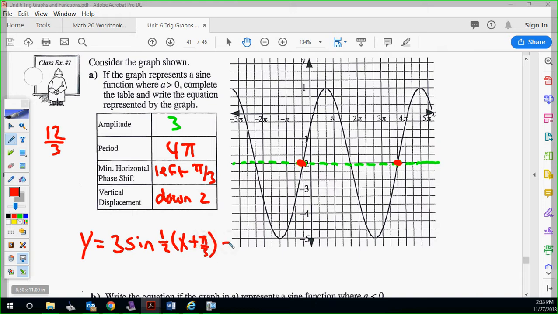And then I want minus 2. So there's my equation. Any questions on that? Putting that all together. So 3 in the front, my amplitude, 1/2, because I'm doubling, flipping, and multiplying to 2 pi. Left pi over 3, so plus pi over 3, and then down 2 for my vertical displacement.